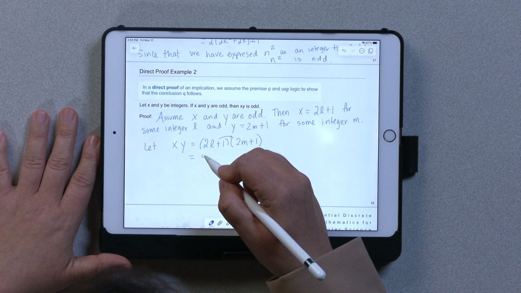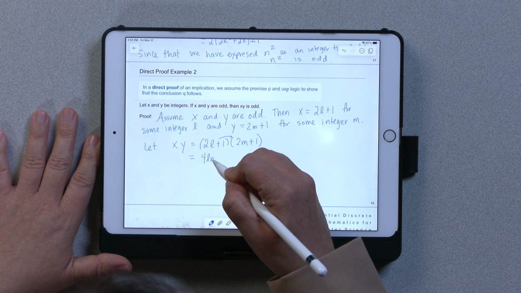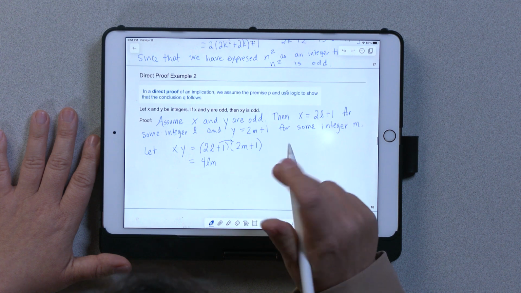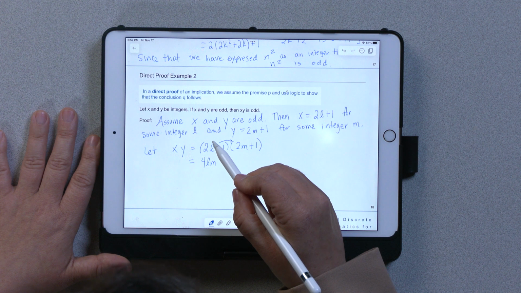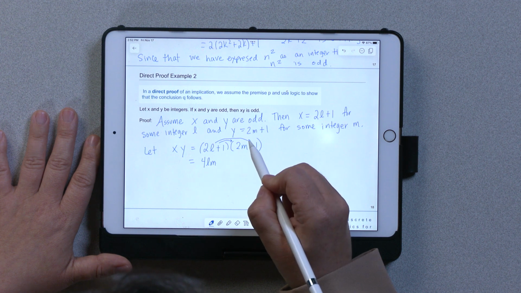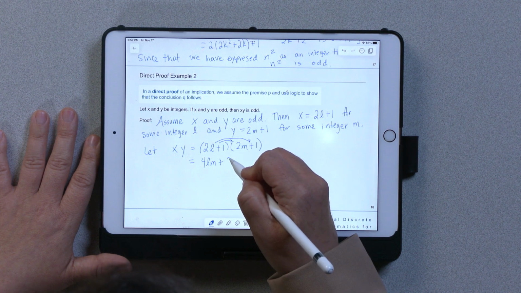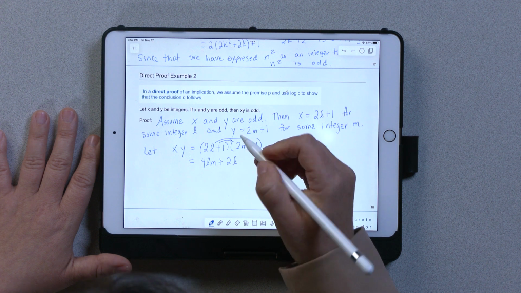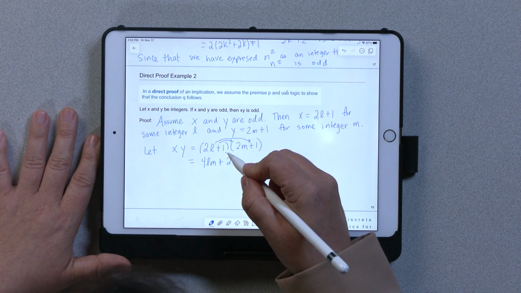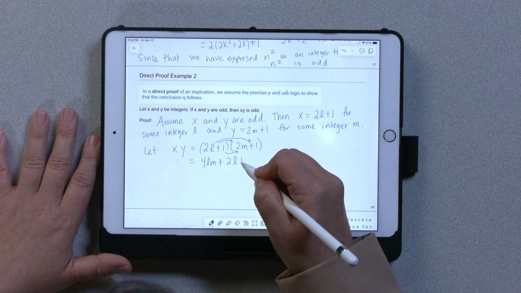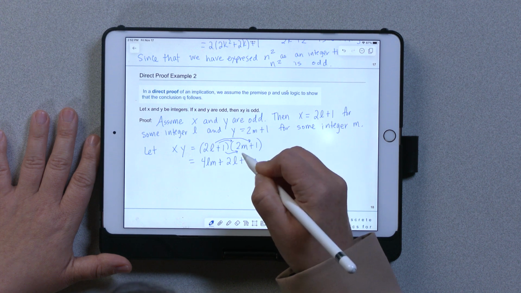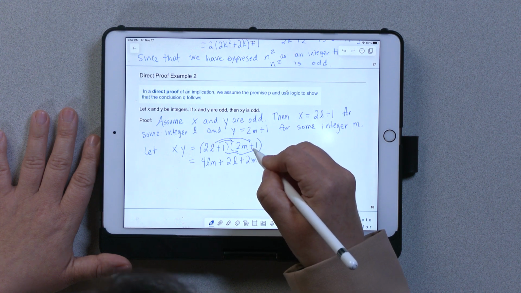That'll give us 4lm. And then we will multiply 2l by 1. So we'll add 2l. We'll do the same. We'll get 1 times 2m, that will give us 2m. Then 1 by 1, that will give us 1.